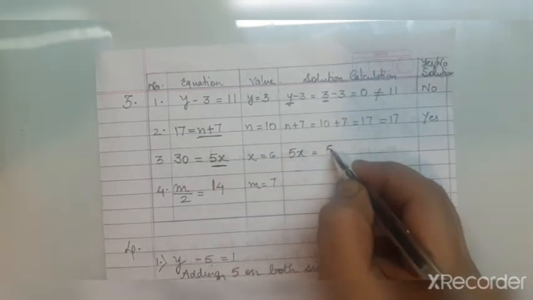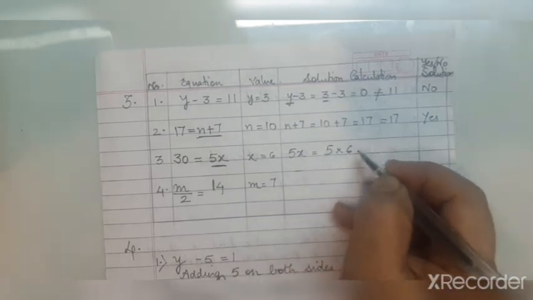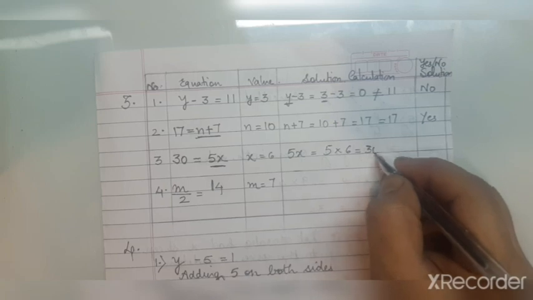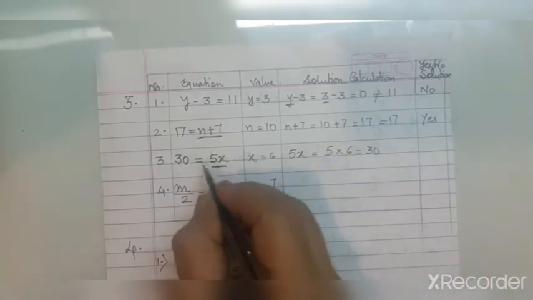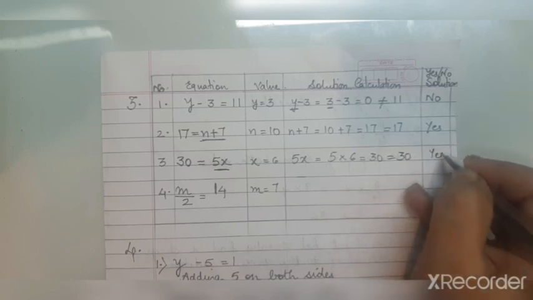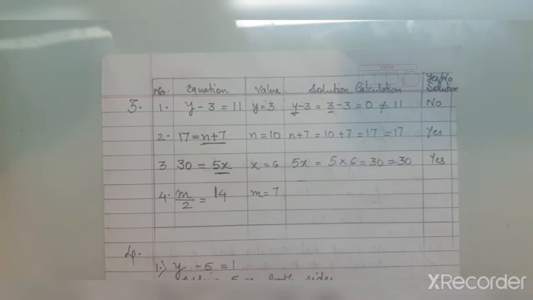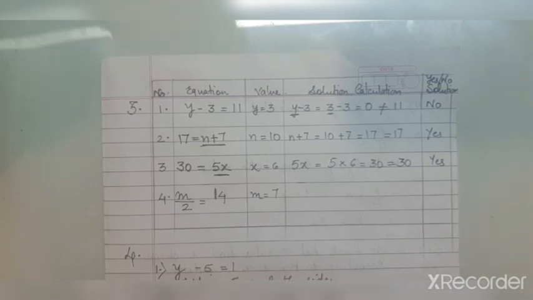Instead of x, 5x means 5 multiplied by x, and x is 6. So the answer is 30. Now this 30 is equal to the left hand side. Yes, 30 and 30 are equal. So I will write yes. We just have to write yes or no, because the question is, are these values the solutions to those equations?